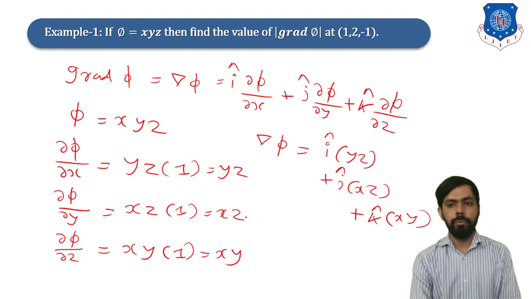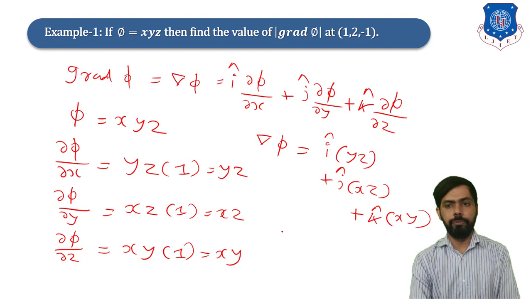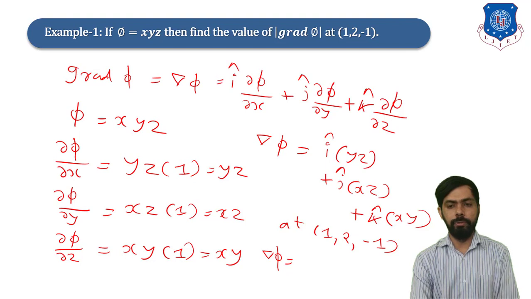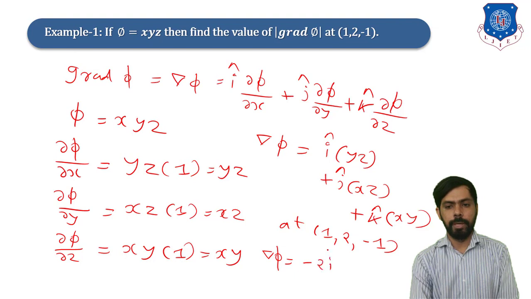Clear? Now as we have to find grad phi at point (1, 2, -1), we replace x by 1, y by 2 and z by -1. The first term becomes -2i. Here the value of x is 1 and the value of z is -1, so this will be -j. Here xy, with x equal to 1 and y equal to 2, will be 2k.